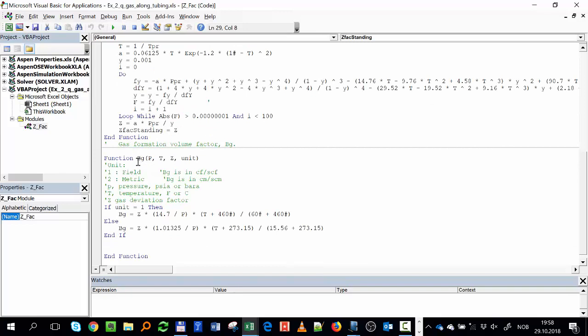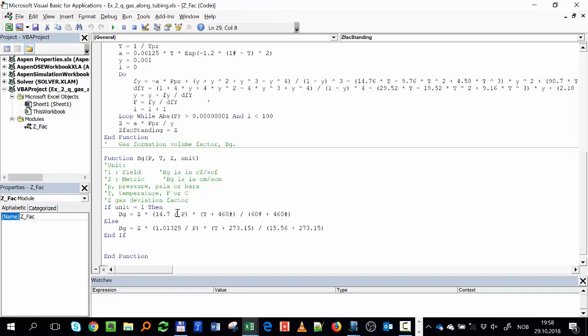Okay, and again, you have units. Okay, so you have to give pressure in PSI or bar. You have to put temperature in Fahrenheit or Celsius. You have to put Z, the gas deviation factor. Something also important about a function is that the number I want to return has to have the same name as the function.